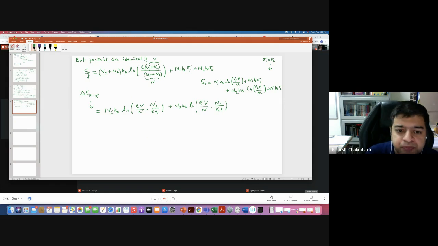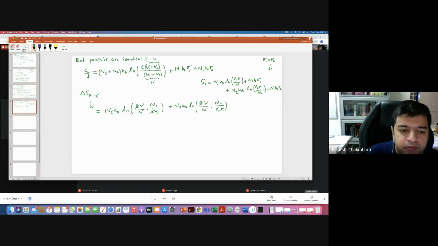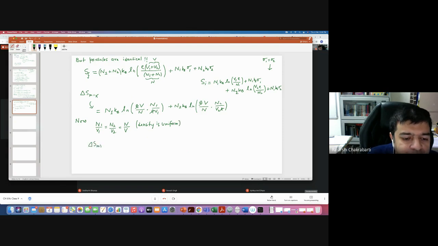This is the expression. Now we had assumed that the density is the same after and before. So what does it mean? Then delta S mix is N1 kb ln V by N into N1 by V1. That is the expression, no?